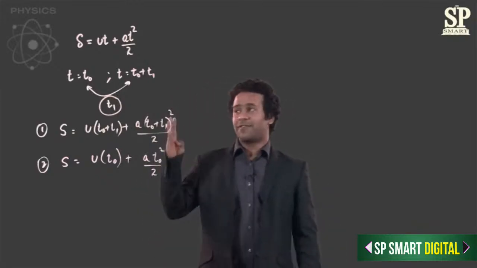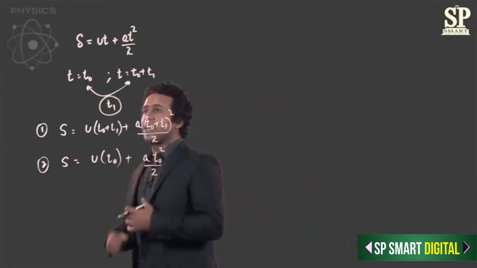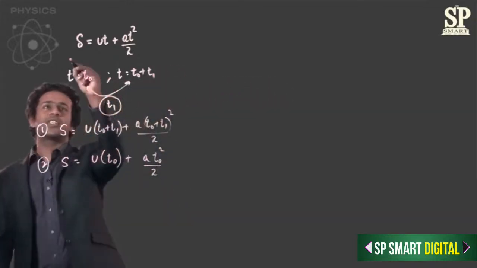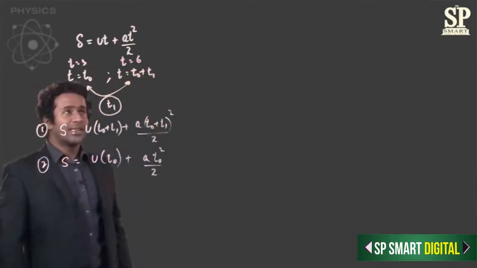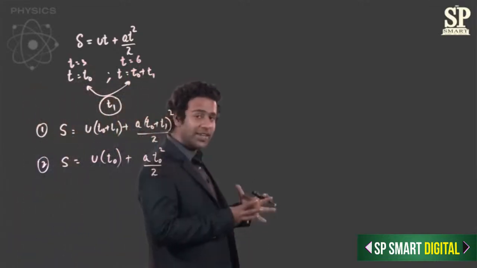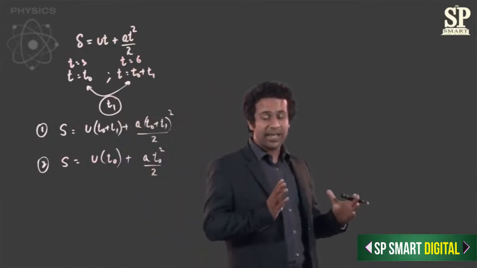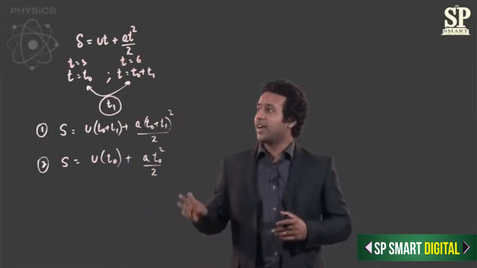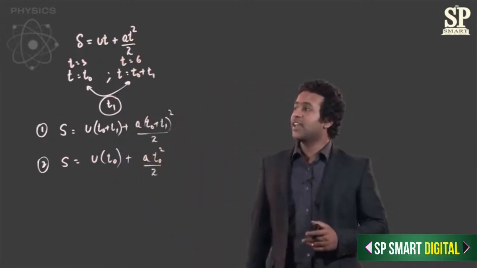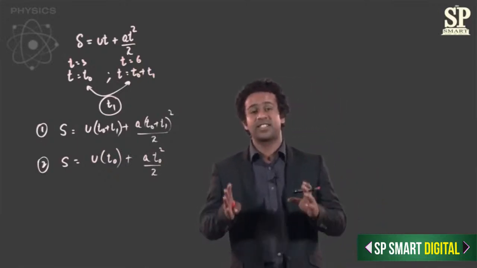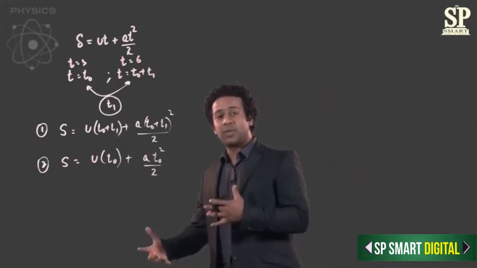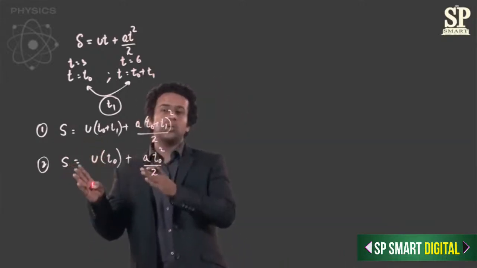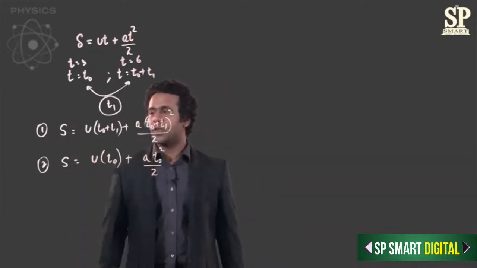Because if, let's say, we take a parallel numerical example, say this was t equal to 3 and this is t equal to 6, then the first equation gives you the distance, or rather the displacement, in the first 6 seconds, and the second equation gives you the displacement in the first 3 seconds. So if we subtract the two, we will get the displacement from t equal to 3 to t equal to 6, right?